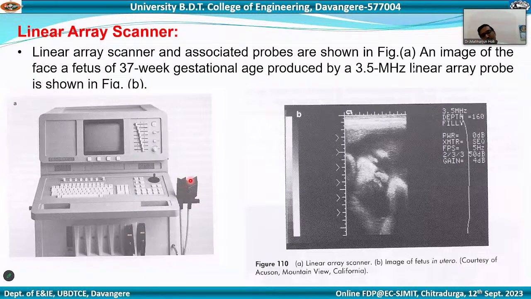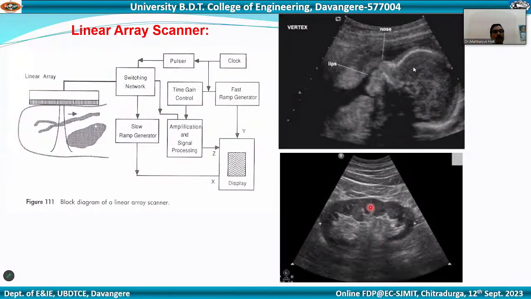So we pass the array of pulses, and we are able to get the larger tissue image on the screen. You can see this is the fetus in the uterus. This is the ultrasound image of the fetus, which is generated by the brightness mode using a linear array scanner. This is the schematic block diagram.